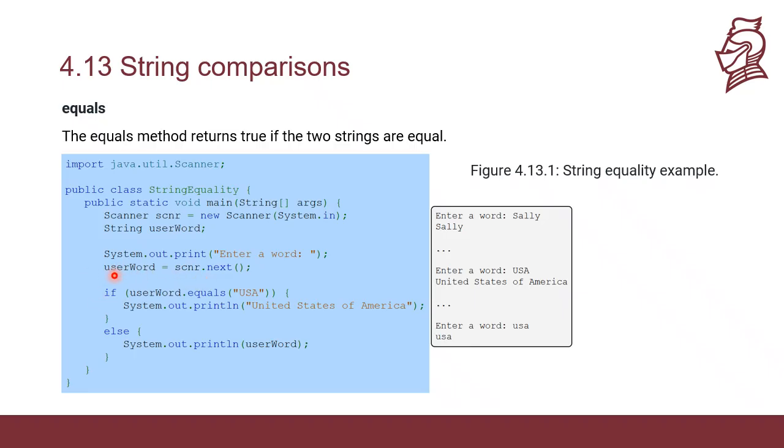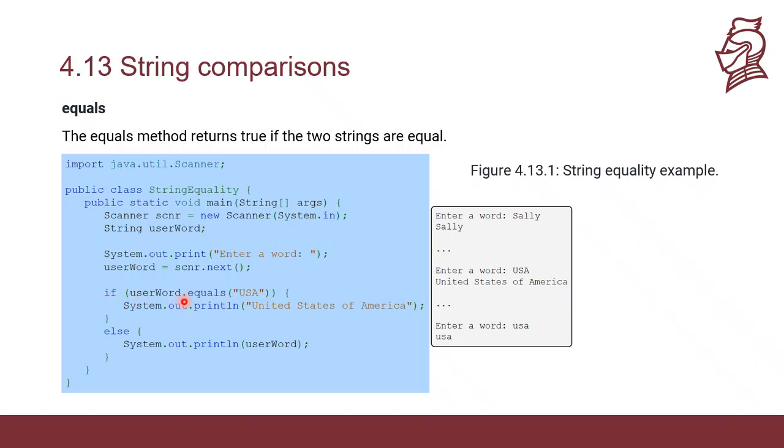Now we're going to test to see if it equals USA. So if user word dot equals and then USA in the quote marks, we'll print United States of America. Otherwise, we'll print out whatever word was typed in. Remember, user word is a string, and strings have the dot equals method in that class, so we can use it.